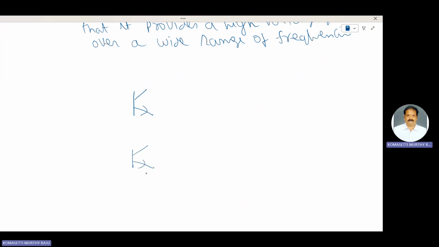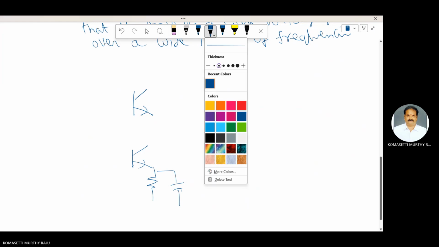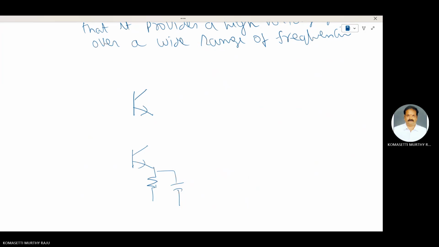Q1, this is Q1. RE, CE. Direct coupled. This is a direct connection.